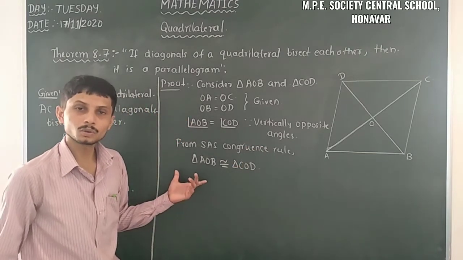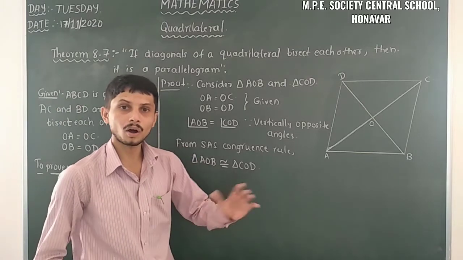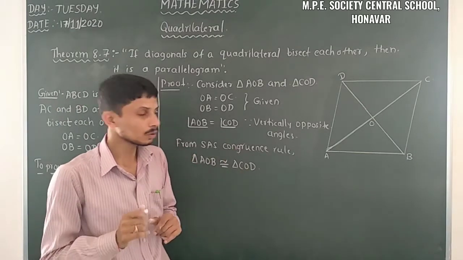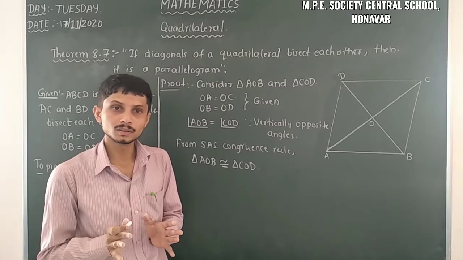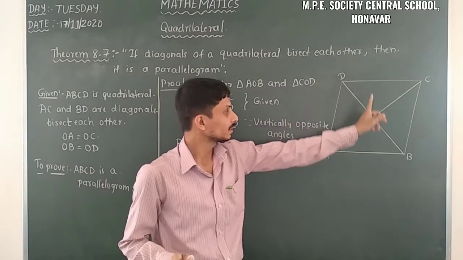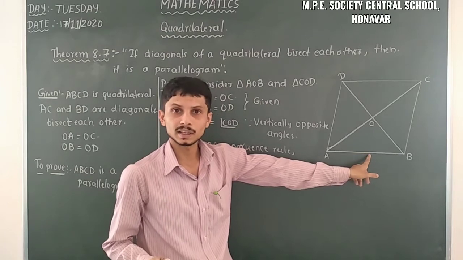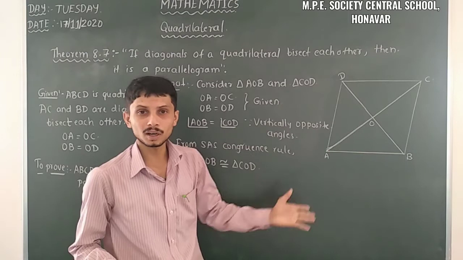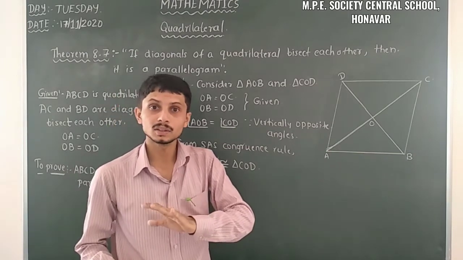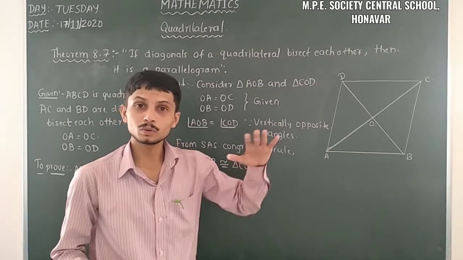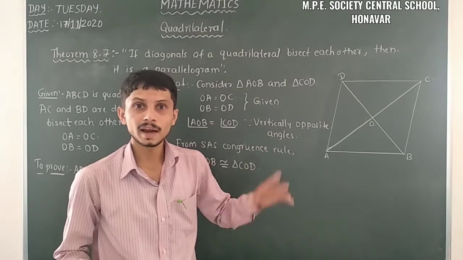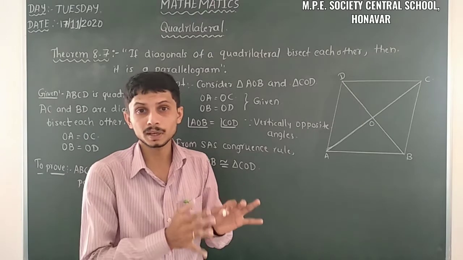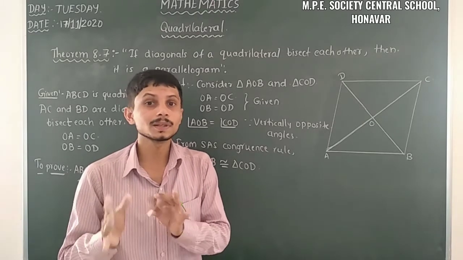So we have those two triangles congruent. That means all the corresponding parts of those two triangles are equal. Here we want this side parallel to this side and this side also parallel to this side, so we want some alternate interior angles. We already know that when two sides are parallel and we have a transversal, the pair of alternate interior angles is equal.